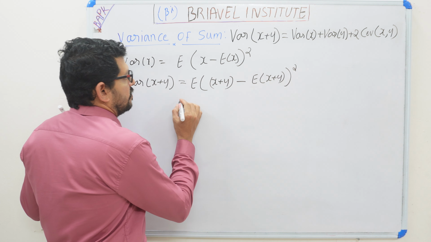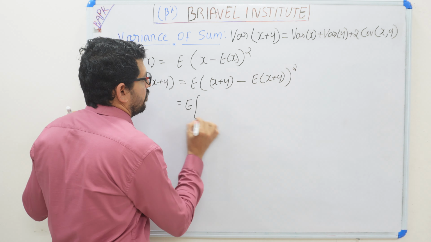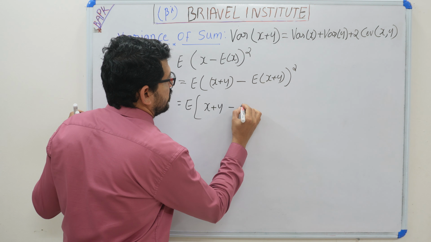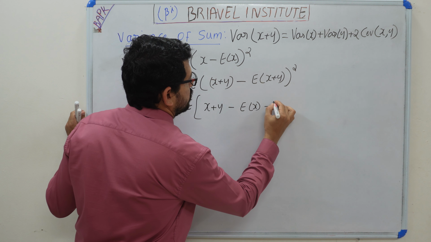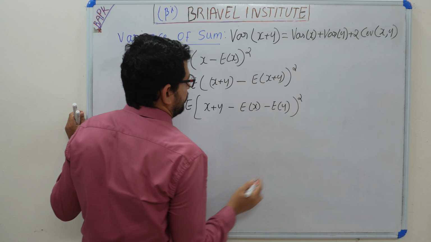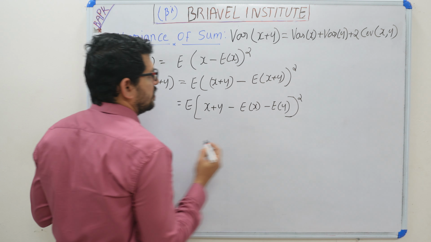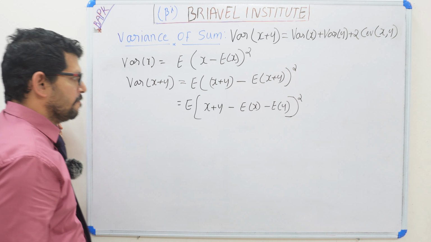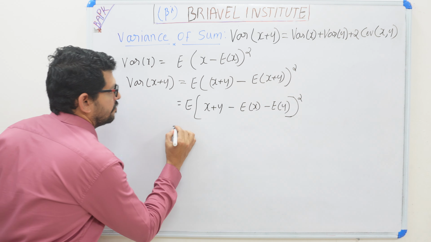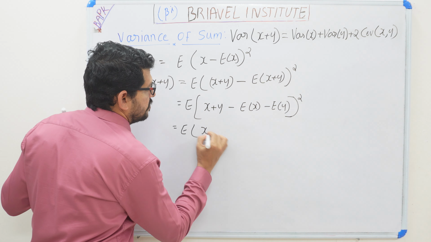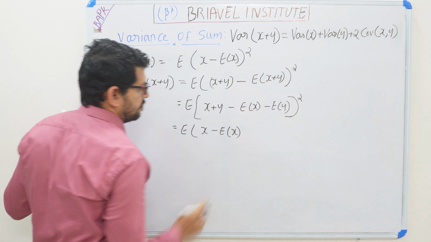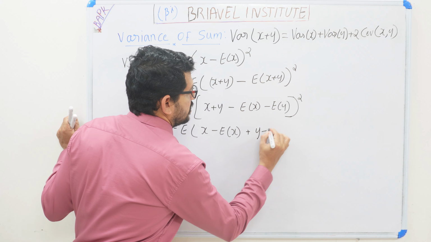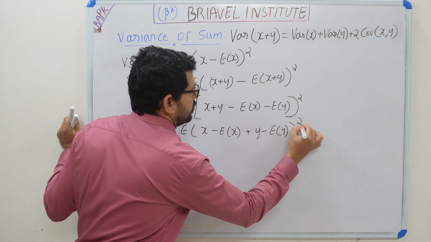This one is equal to, with just a small modification, x plus y minus expectation of x minus expectation of y, all squared. Expectation is given here for x and for y. So we can write it as x minus expectation of x, plus y minus expectation of y, all squared.